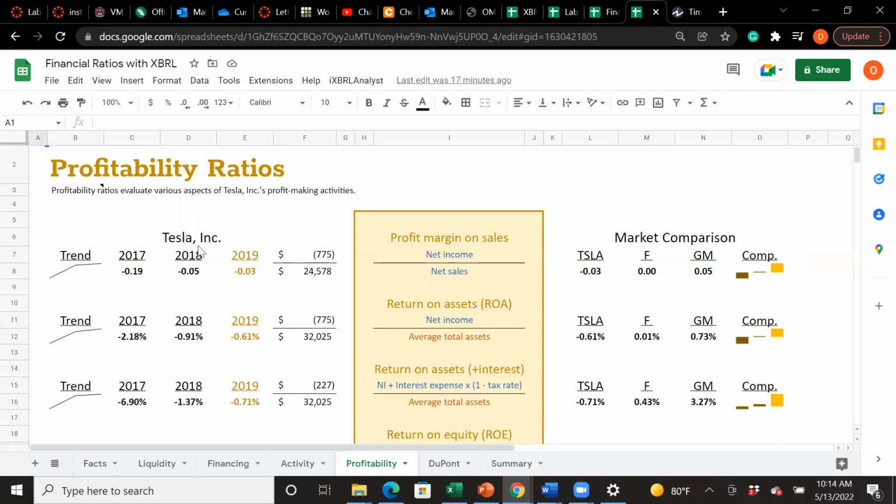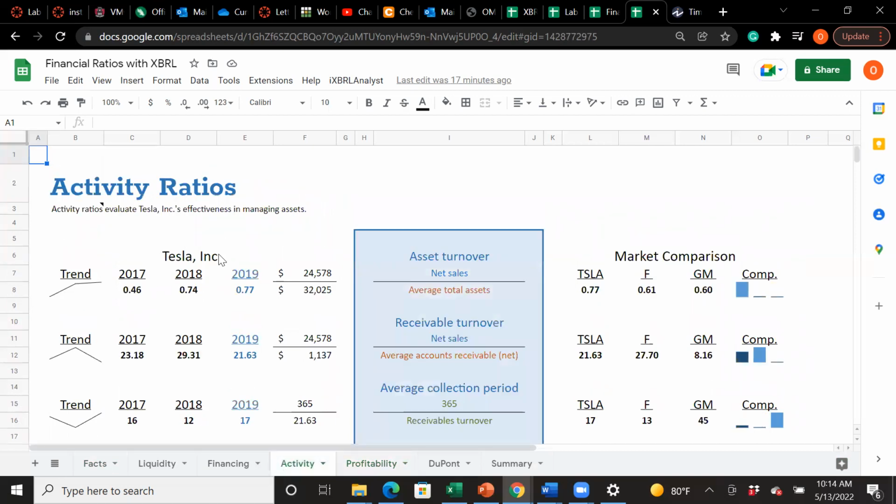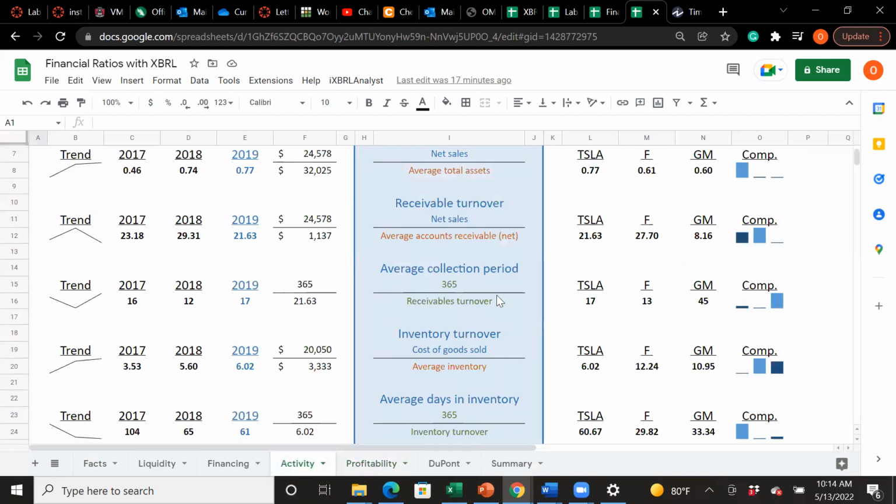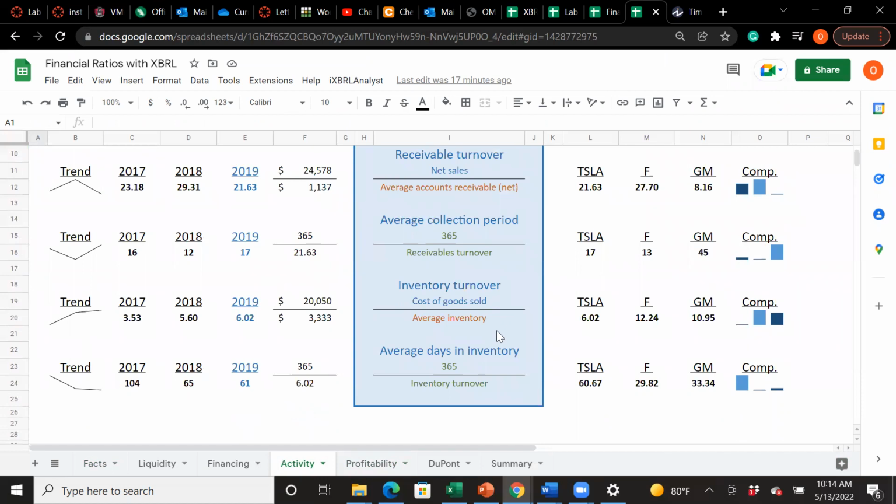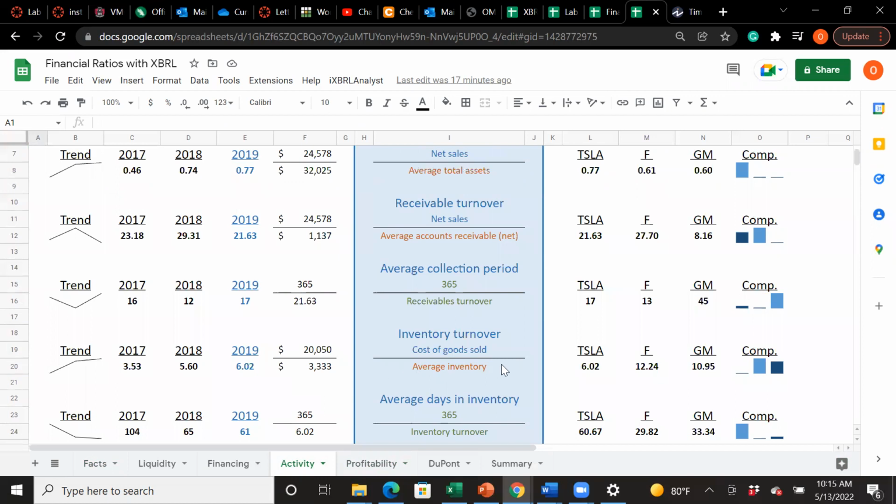So that's profitability. Activity ratios, we kind of already looked at some of these, but for the most part, it varies from ratio to ratio compared to Ford and General Motors, but most of these are pretty good.